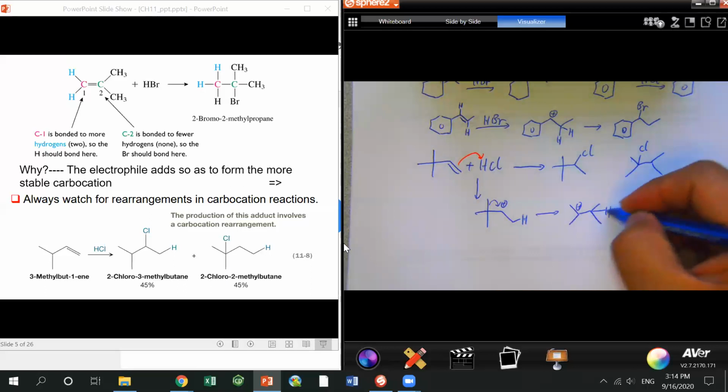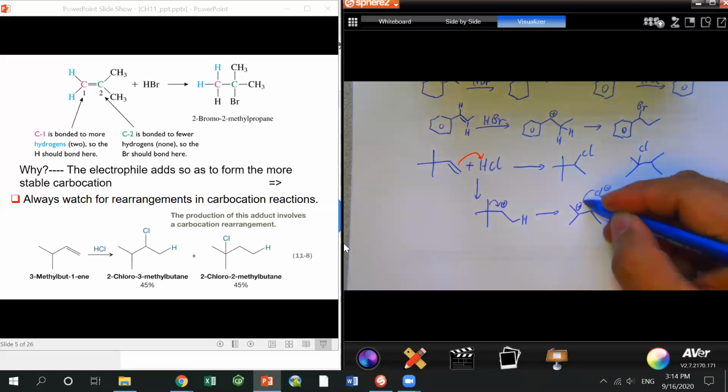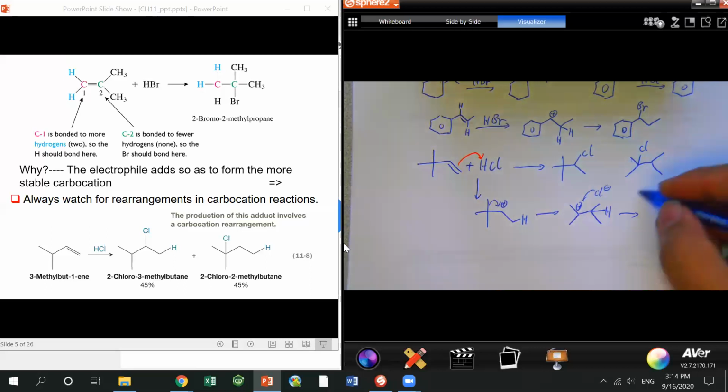The hydrogen is still here, and then the chloride comes in and gives you this product. So just be a little bit careful about carbocation rearrangement.